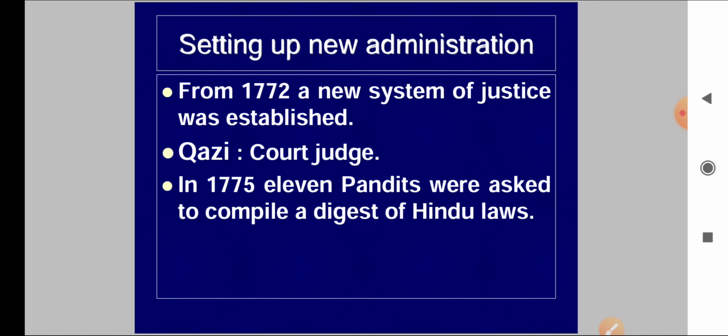In 1778 a code of Muslim law was compiled, and finally in 1773 the Supreme Court was set up in Calcutta. Later on, in Indian districts also, collectors were appointed, and to help these collectors, judges, police officers and darogas were given some responsibilities.